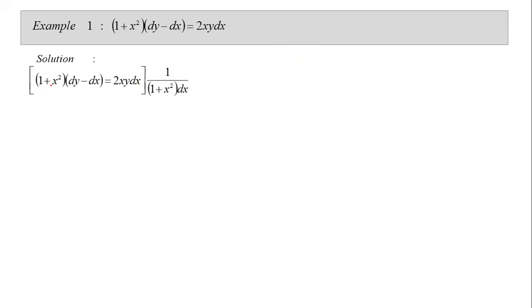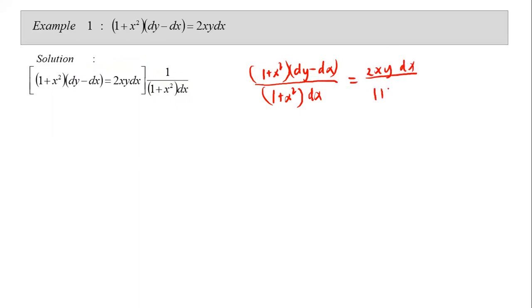Multiplying each term, you will now have (1 + x squared) dy minus dx all over (1 + x squared) dx, equals 2xy dx all over (1 + x squared) dx. And you can now cancel this out, and then you can cancel this out.